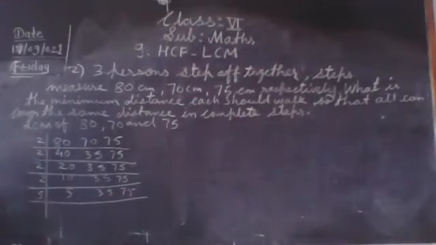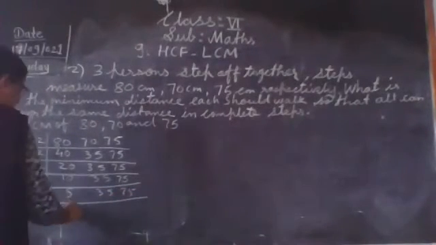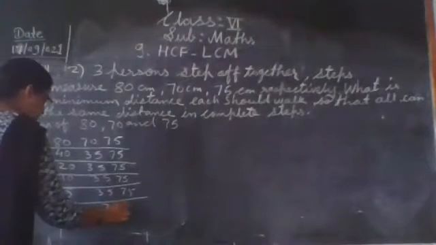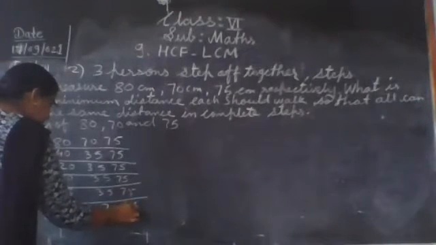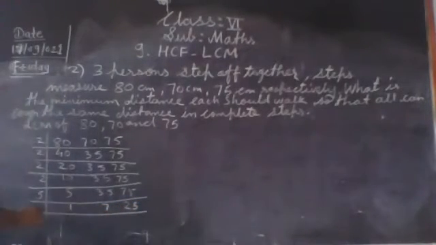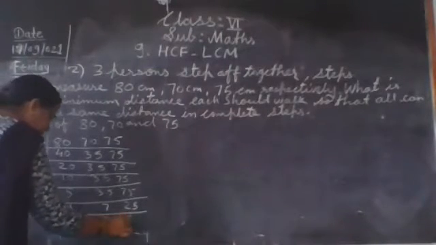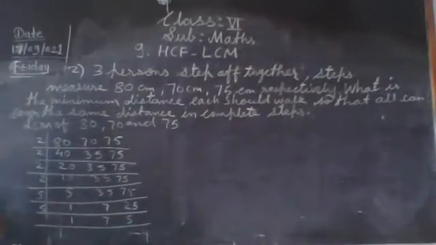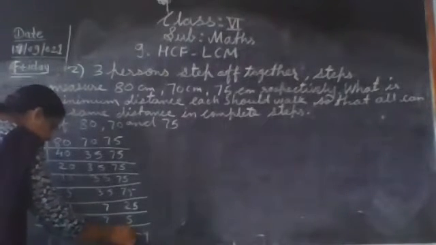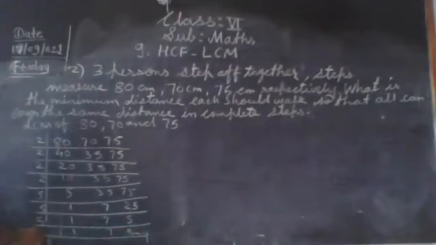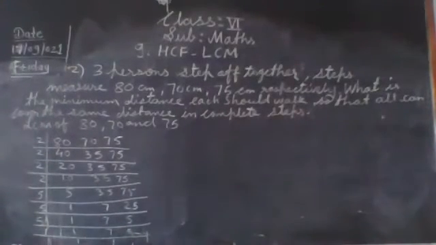Okay, we will take another prime, 5. 5 ones are 5, 5 sevens are 35, 5 fifteens are 75. 1, 7, 5. Next is 5, 1, 7, 5 and another is 7, 1, 1, 1.